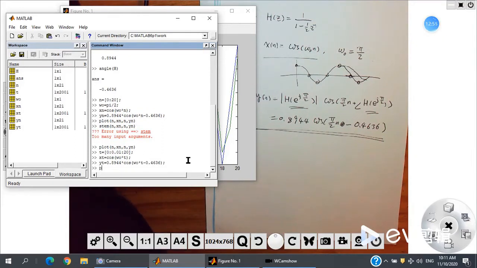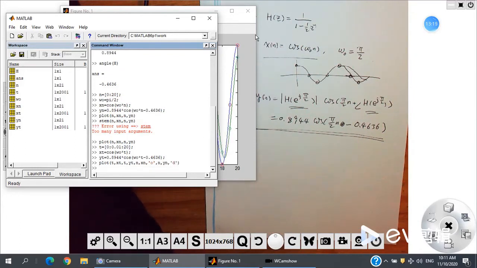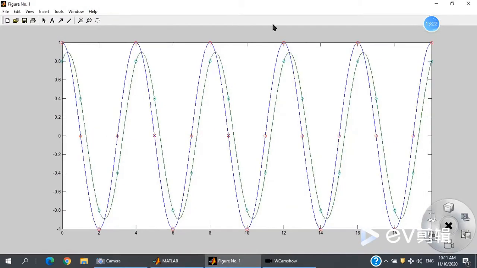Now I plot all of them. I have t and x of t, t and y of t, and n. For x of n I use a circle, and for y of n I use a diamond. Okay, I have my graph. Alright, this time it looks better, right?